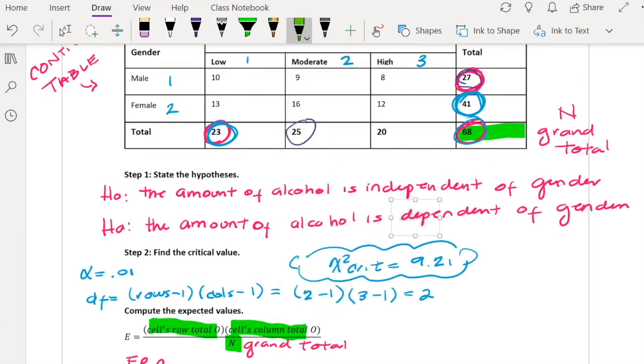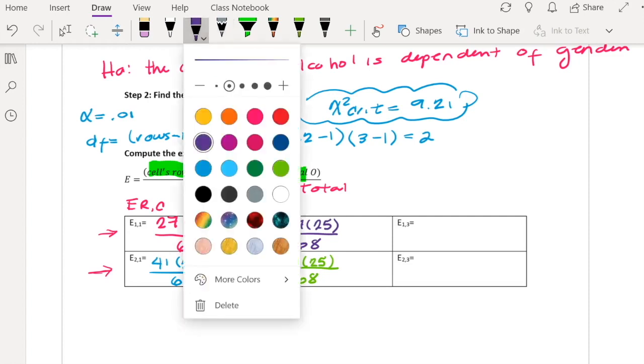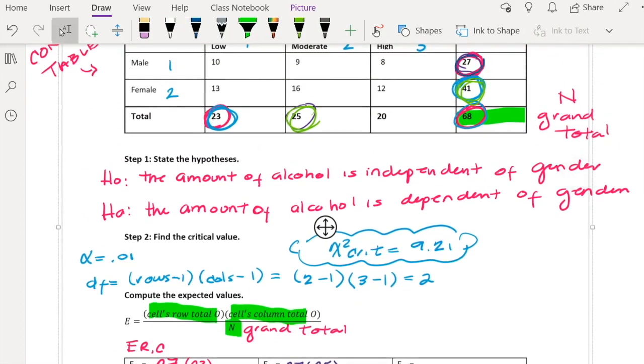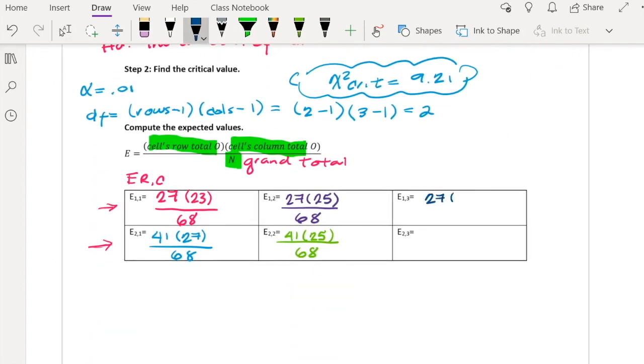The next one would be, let's go with green, row 2, column 2: 41 times 25 over 68. Let's use blue. So row 1, column 3: 27 times 20 over 68.